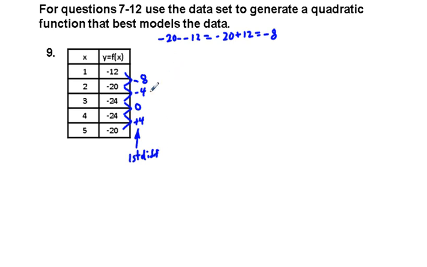Next, our second differences, we're going to just go like this. It should be quite apparent. Negative 4 minus negative 8 is going to be plus 4. 0 minus negative 4 is plus 4. And 4 minus 0 is plus 4. So these will consist of our second differences.